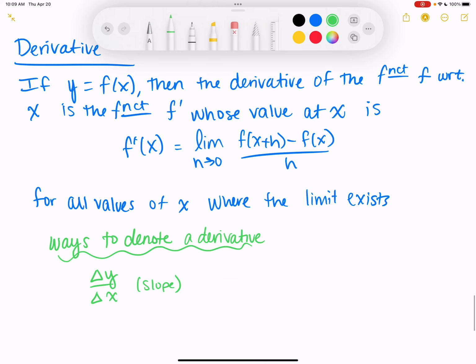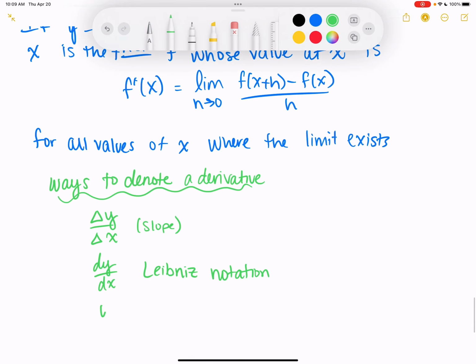You could have dy over dx, so that means the derivative of y over the derivative of x. And this is in Leibniz notation. Or we can have y prime, which is prime notation. And literally all of these mean to do the same thing. Take the derivative.